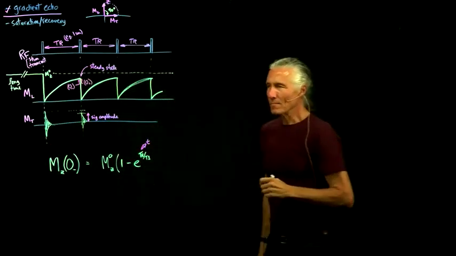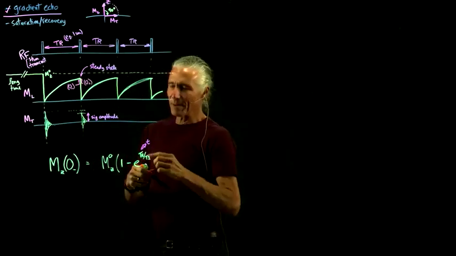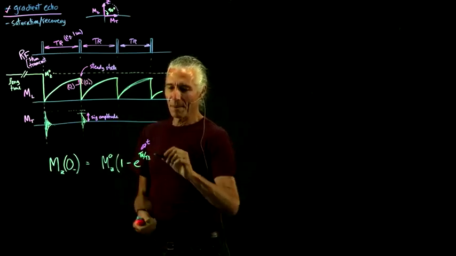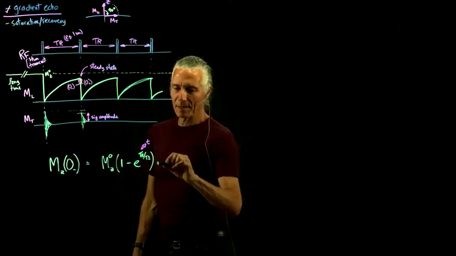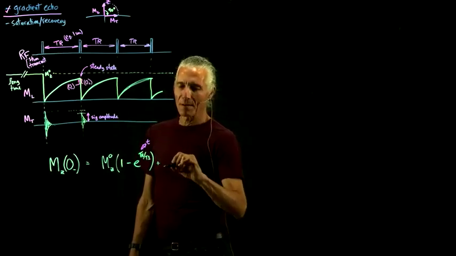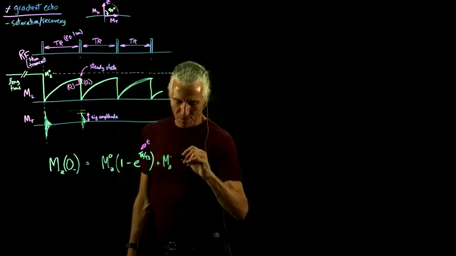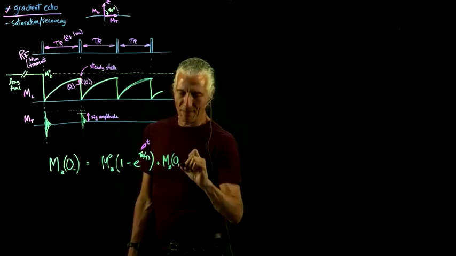So we've inserted TR for the time point there, but then there's another term, plus whatever the starting magnetization was. That's MZ, not MZ0, MZ right after.